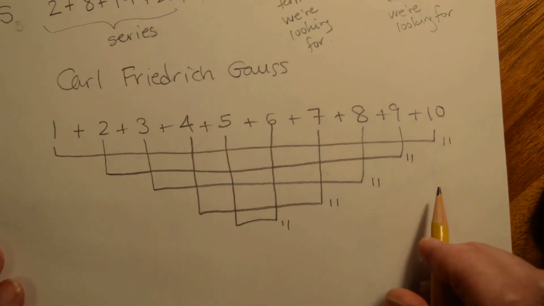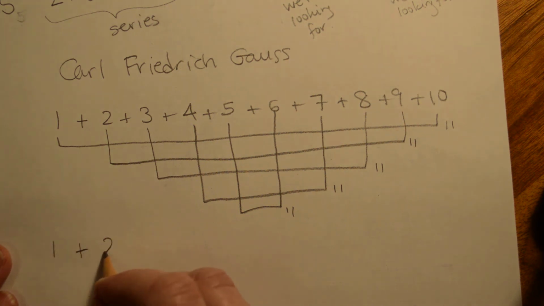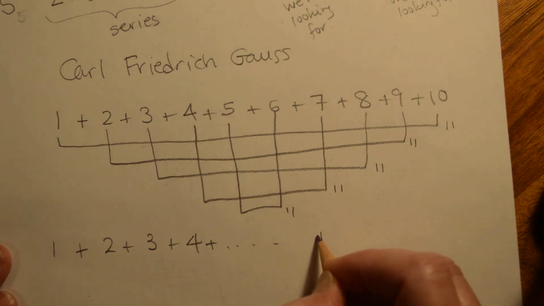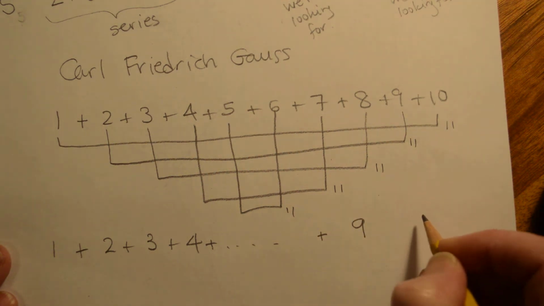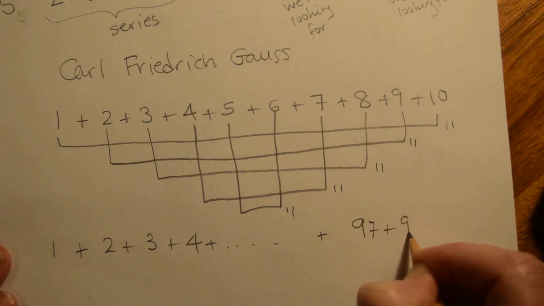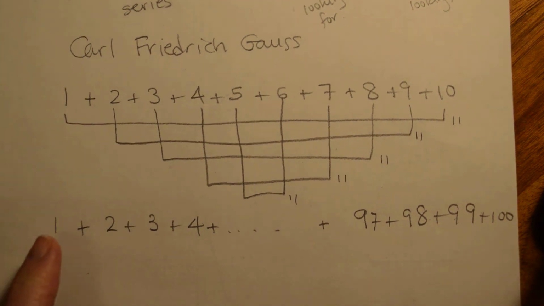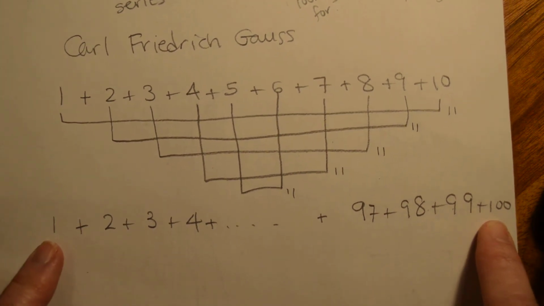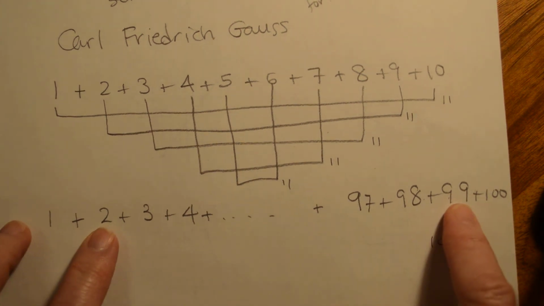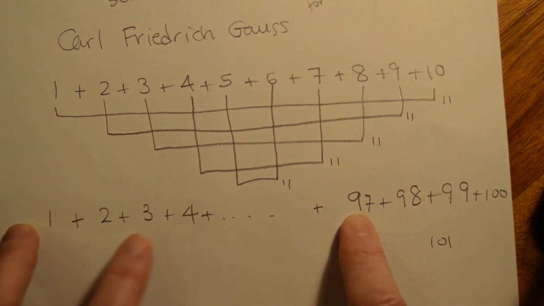All right, so the same would be true if we took the numbers 1, 2, 3, 4, and so forth up to 100, 99, 98, 97. If he did that, he would get 100 and 1 is 101, 99 and 2 is 101, 98 and 3 is 101, 97 and 4 is 101.